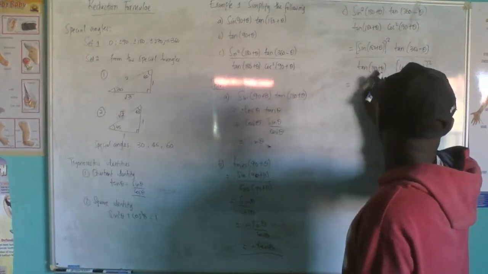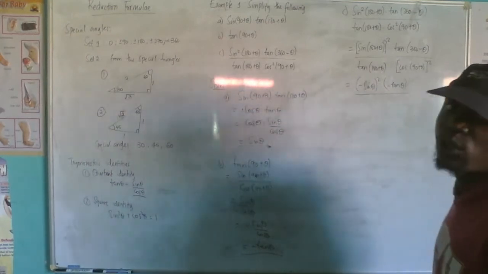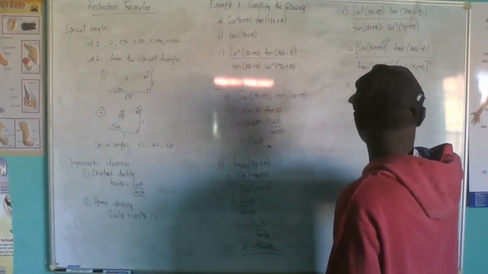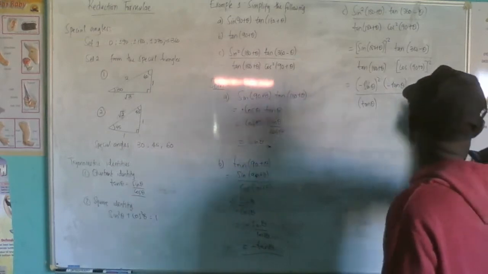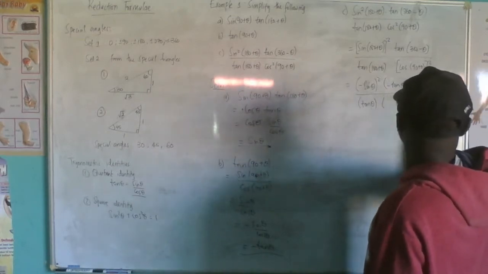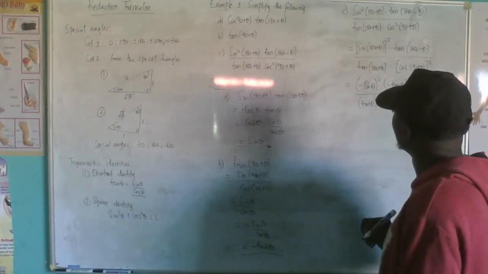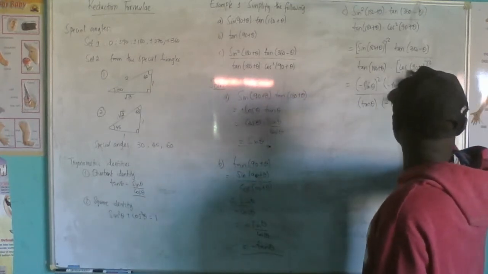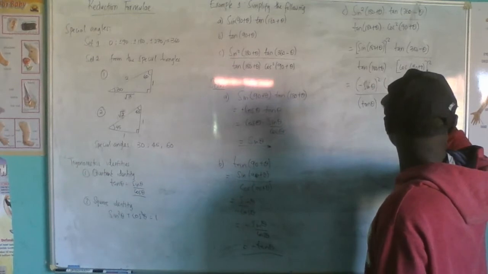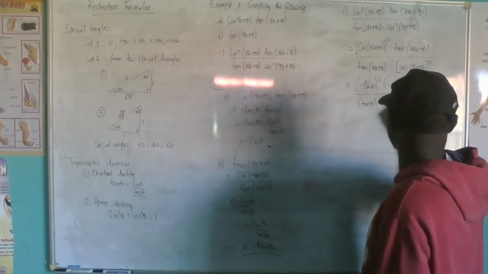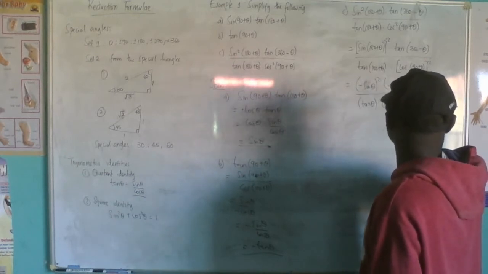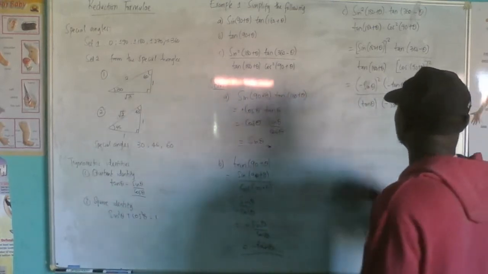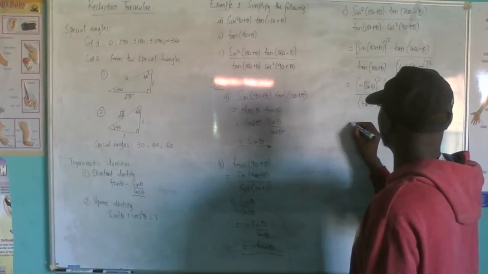The next one, 180 plus theta in the third quadrant, will give me a positive tan, so that is tan theta. And this one, cos of 90 plus theta, is in the second quadrant, and in the second quadrant cos is negative. But cos now changes to its co-function because 90 is from the y-axis, so it becomes minus sine theta, squared.